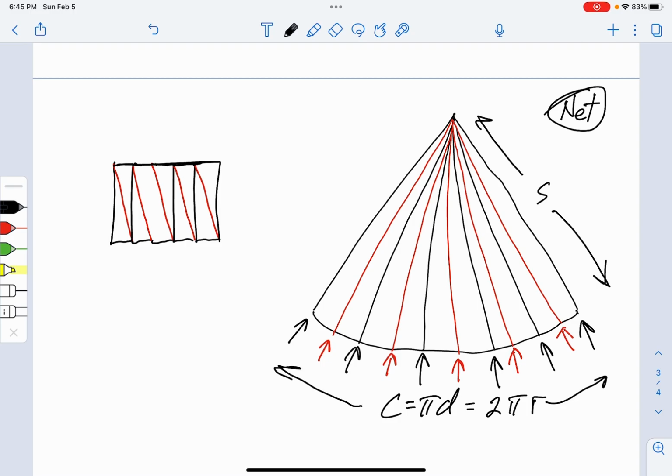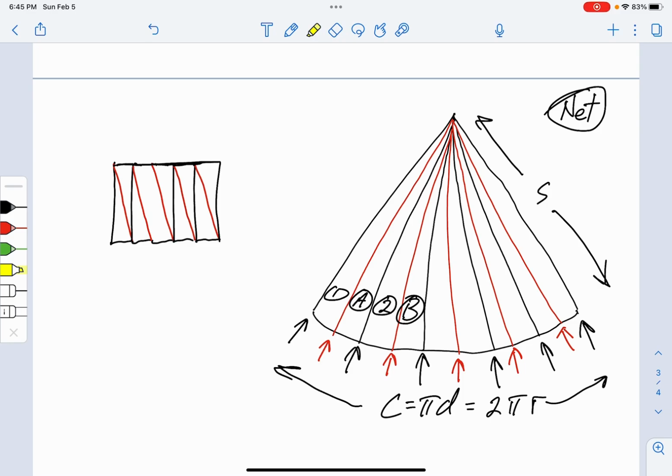Okay, how are we going to estimate this area? Let me label a few things here for us. I'm going to call this first box number 1, this second box number 2 as I skip one. I'm going to call this A, and I'm going to call this B. Bear with me here.